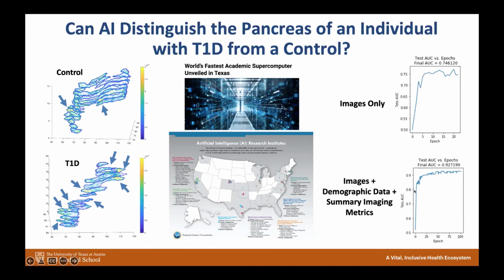If we give it not only those images, but we give it some demographic information, we give it some summary imaging metrics, so we tell it how big of a pancreas this person had, we give it the person's body weight, sex, age, all those things, now we're doing a pretty good job. So we're up to about 93% already, and we've actually improved a little bit on there.